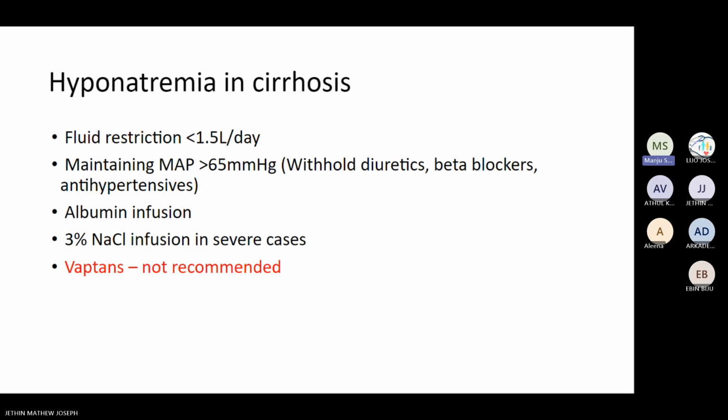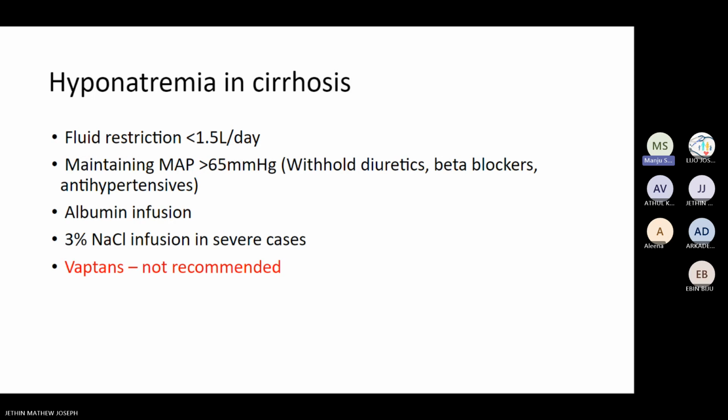So management of hyponatremia and cirrhosis is again a little controversial. It will be very case specific. But just some things to remember here. Again, we are talking about fluid restriction. Values vary. Roughly, we usually tell 1 liter or less than 1.5 liter per day.